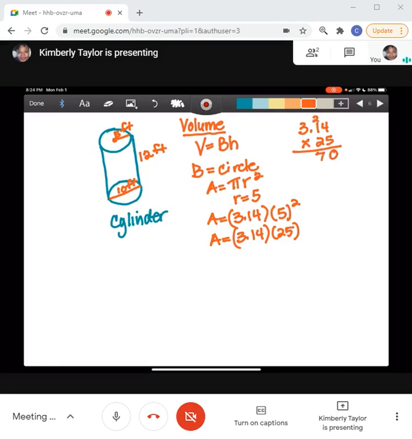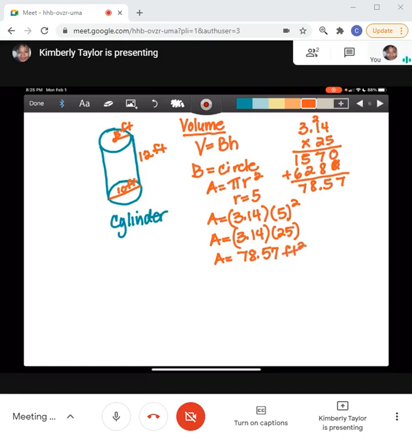That's going to be 7. That's 15. Placeholder, which is 8, 2, 6. Add it together. 7, 5, 8, and 7, and 2 decimal places. So the area of the base is 78.57. And of course it's going to be feet squared, but we're not done.